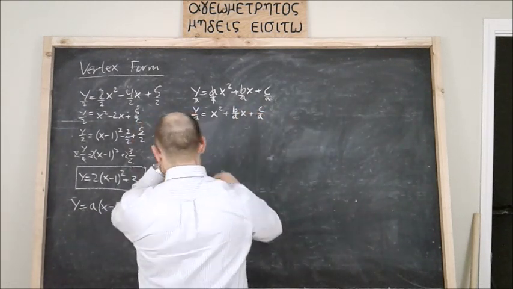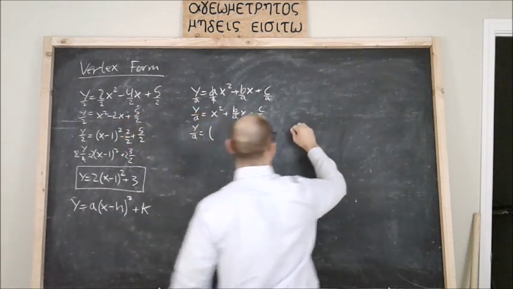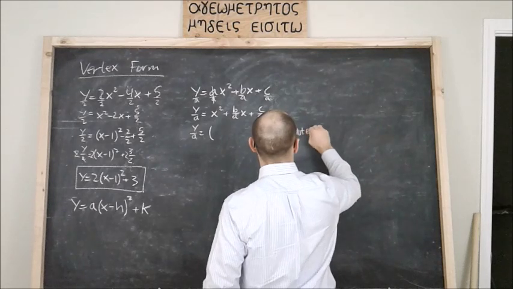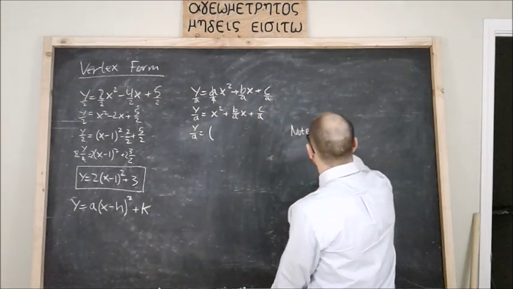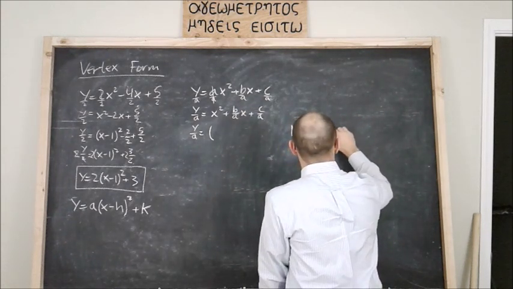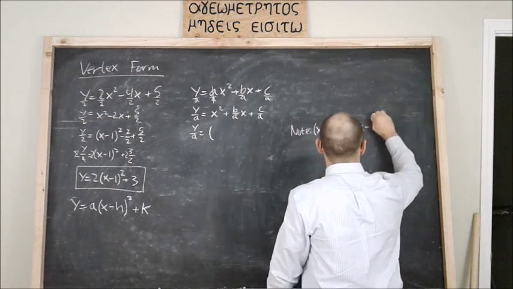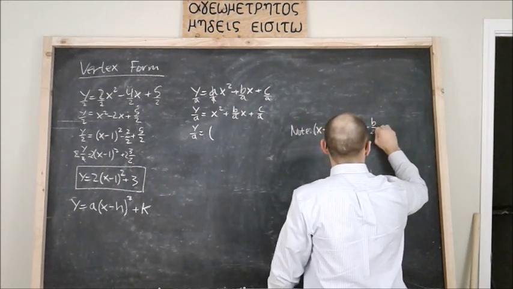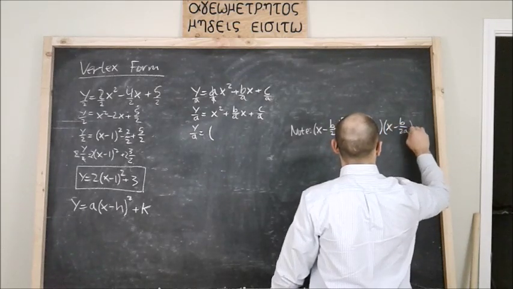Now, here's where we get into, all right, so this is going to look very similar, completing the square. X minus b over 2a squared, okay, that's the same as x minus b over 2a times x minus b over 2a.